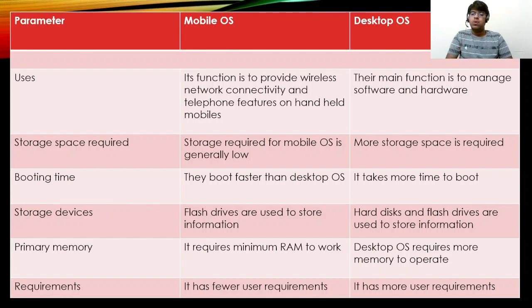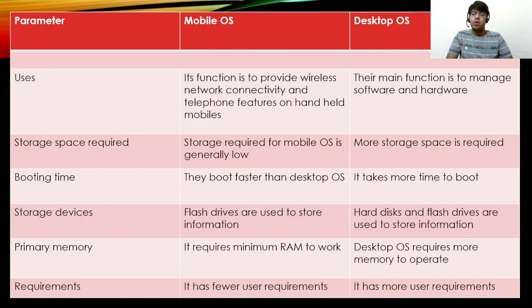And in terms of storage devices, we use flash drives to store our information on mobile OS, but we use both hard disks and flash drives to store information on desktop OS, because as we know, the size of desktop OS is quite larger than the size of mobile OS.